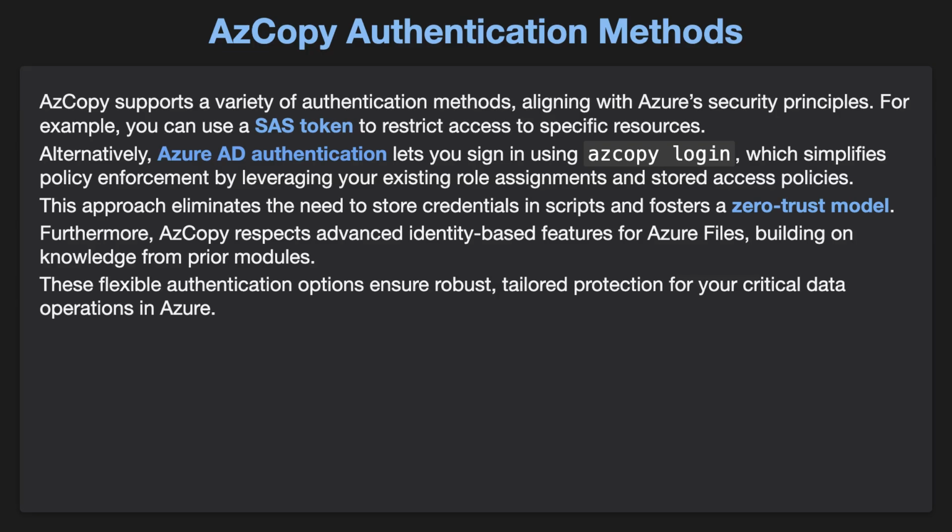This approach eliminates the need to store credentials in scripts and fosters a zero-trust model. Furthermore, AzCopy respects advanced identity-based features for Azure files, building on knowledge from prior modules. These flexible authentication options ensure robust, tailored protection for your critical data operations in Azure.